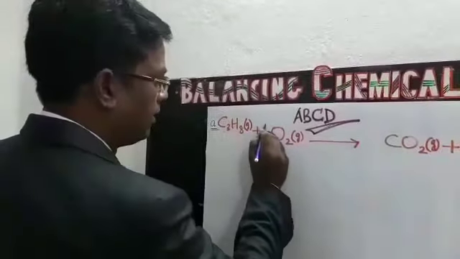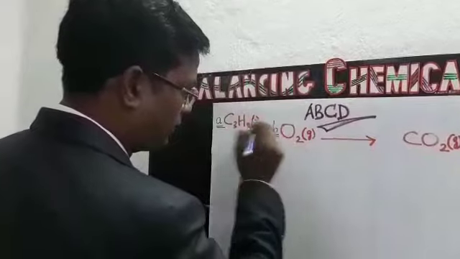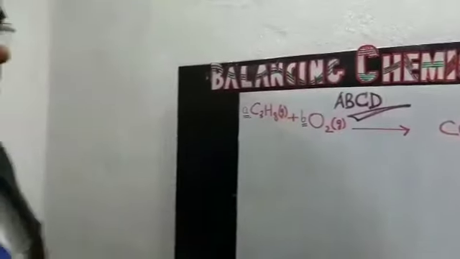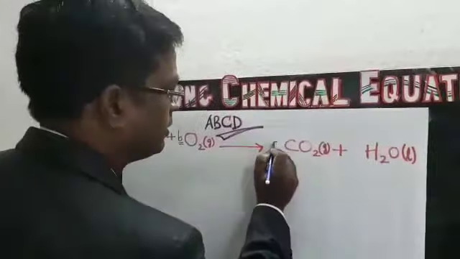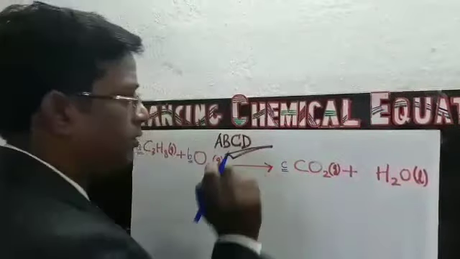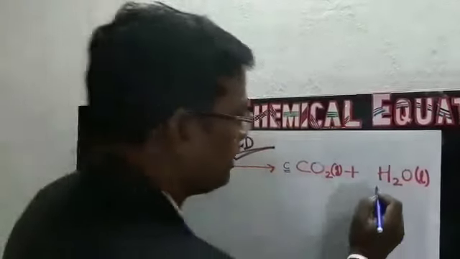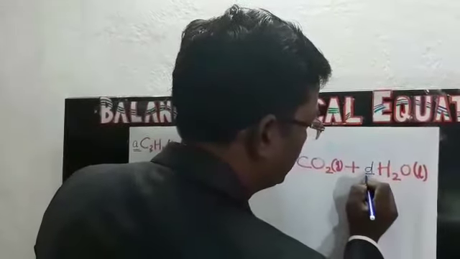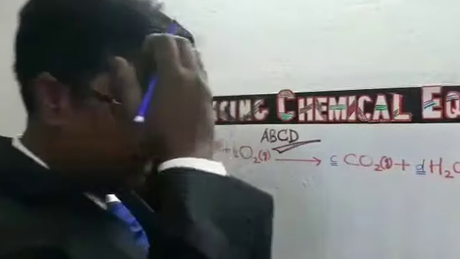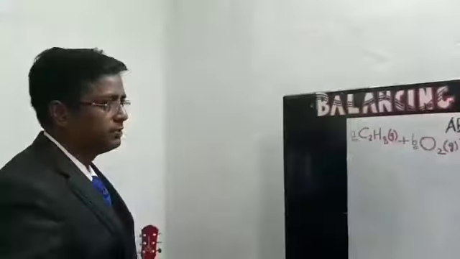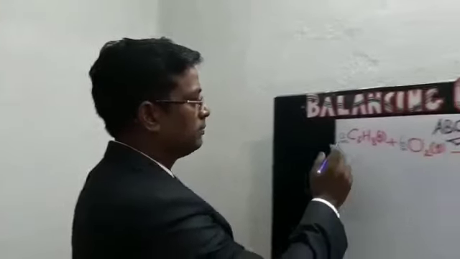Let's assign another coefficient, small b, to oxygen. C is the coefficient for CO2 and D is the coefficient for H2O, that is water.